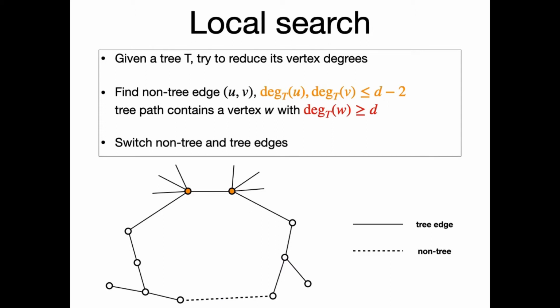The basic approach by the algorithm is called local search. Suppose we have a suboptimal tree, and we want to improve its vertex degrees.